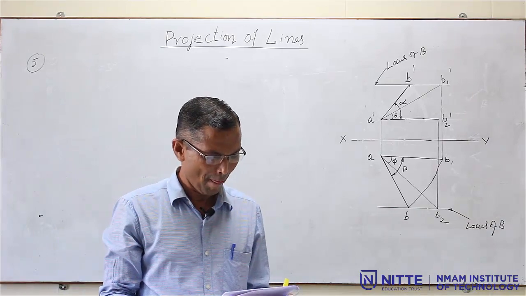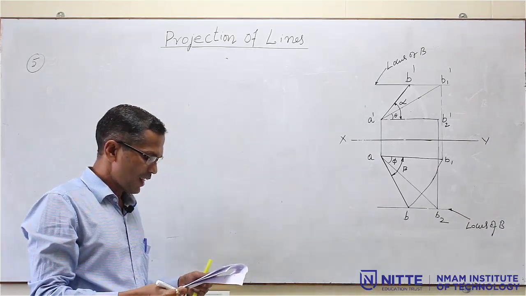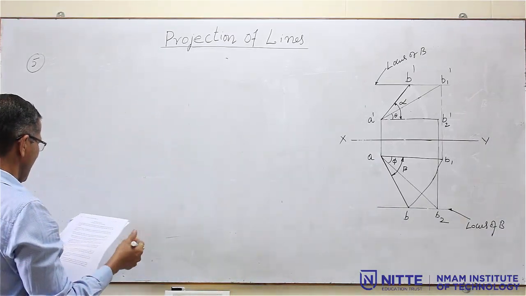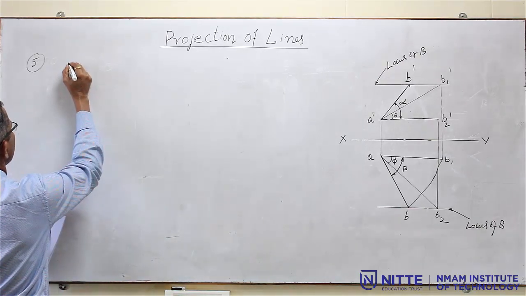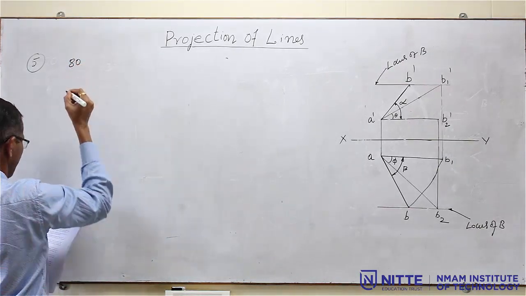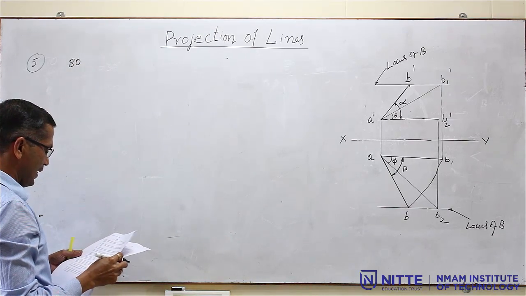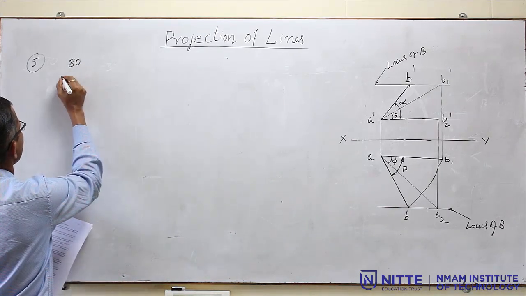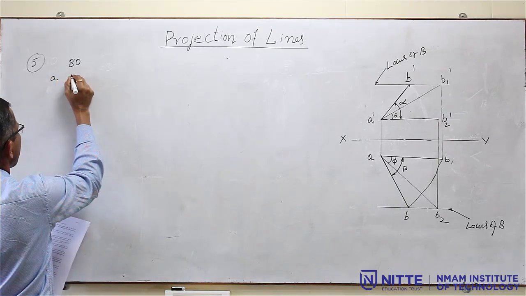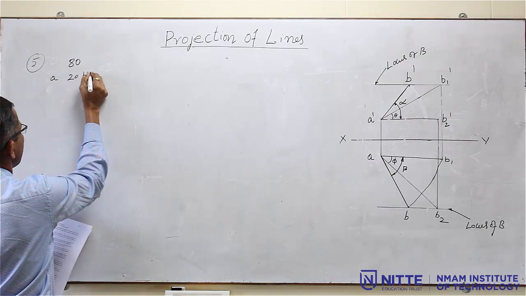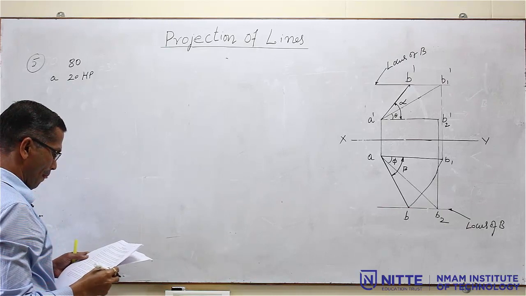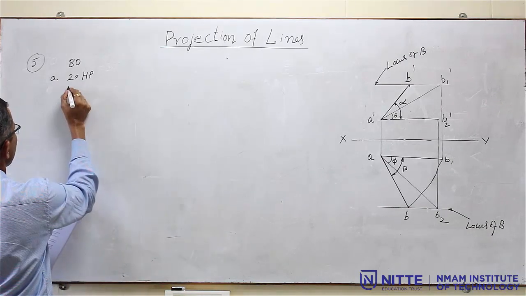Fifth problem. A line AB is 80 mm long. It has its end A 20 mm above HP, 30 mm in front of VP.